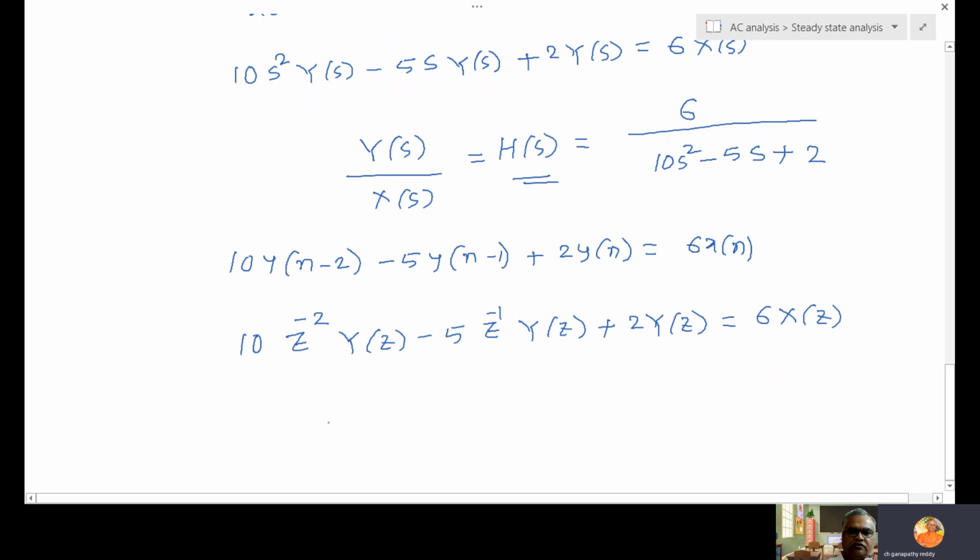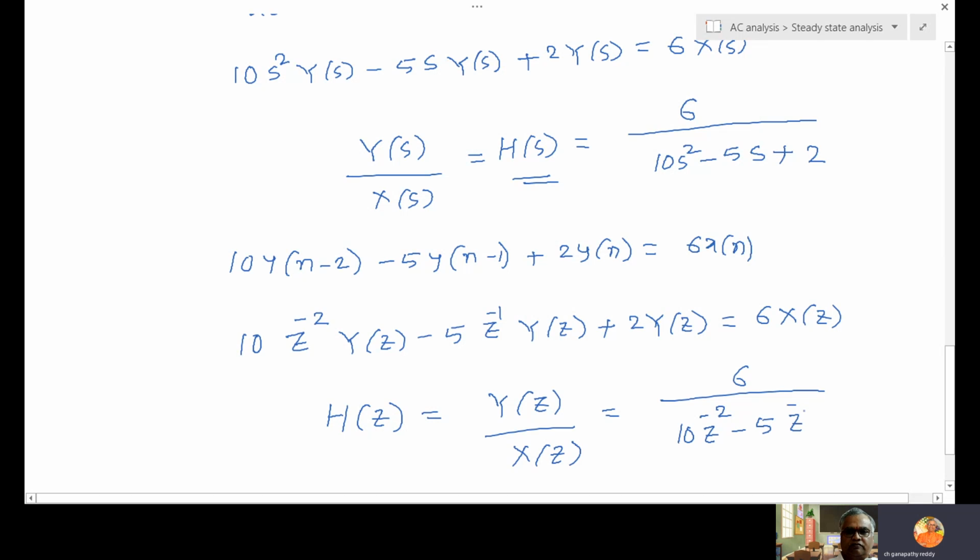So what we want? H of z is nothing but Y of z by X of z. This is the z transform. So 6 by 10 z power minus 2 minus 5 z power minus 1 plus 2.